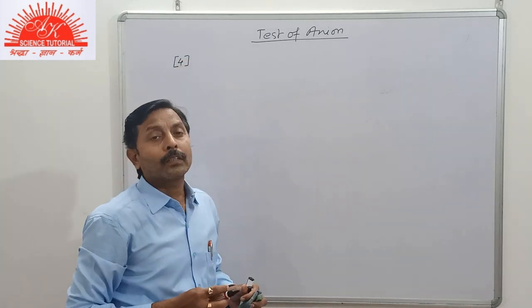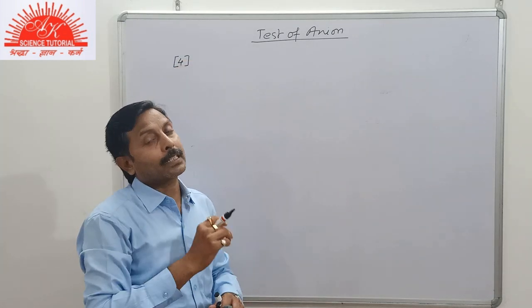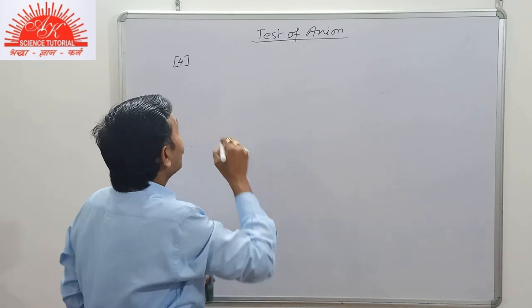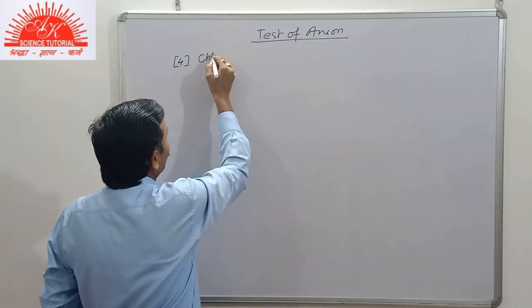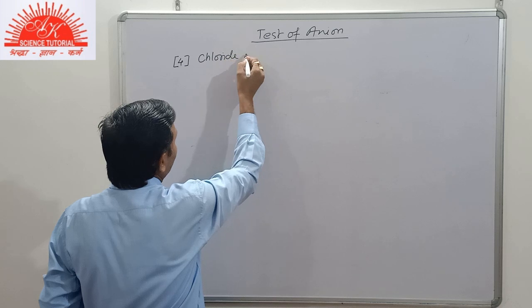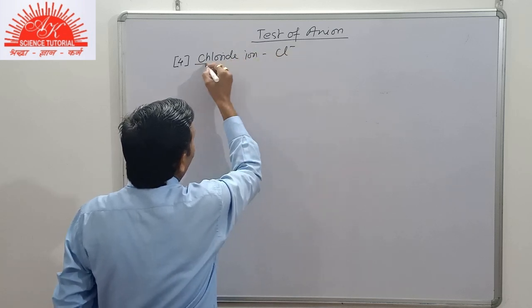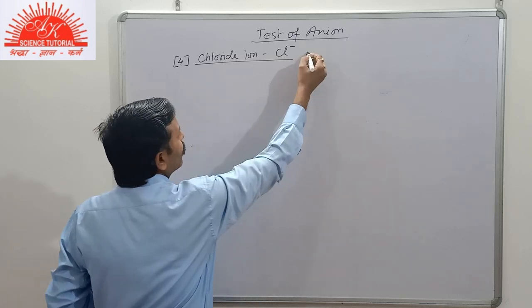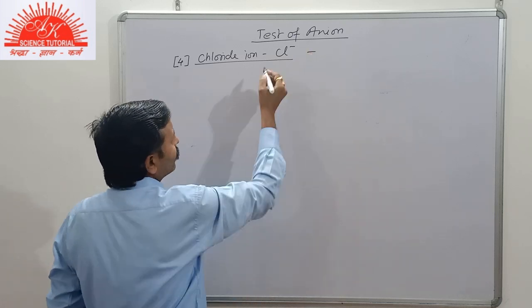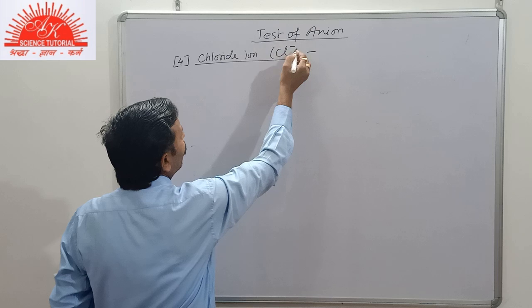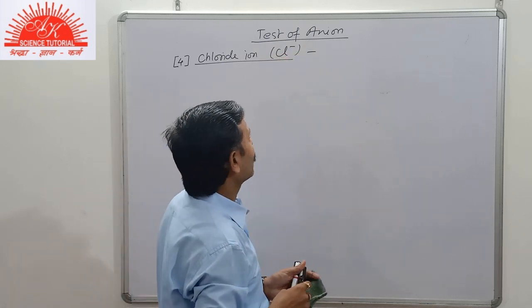Now again student, the next ion is chloride ion, that is Cl minus. Chloride ion, Cl minus.